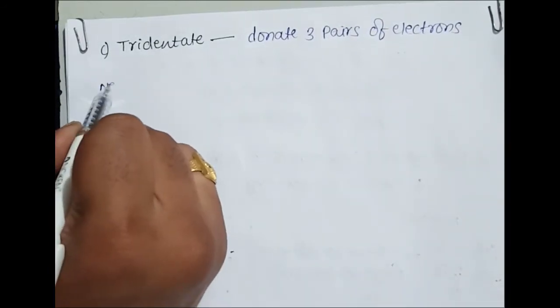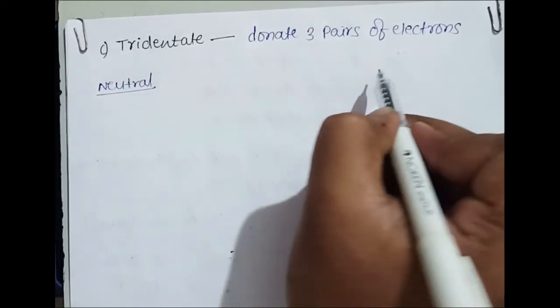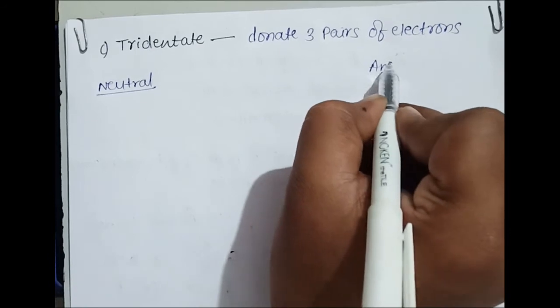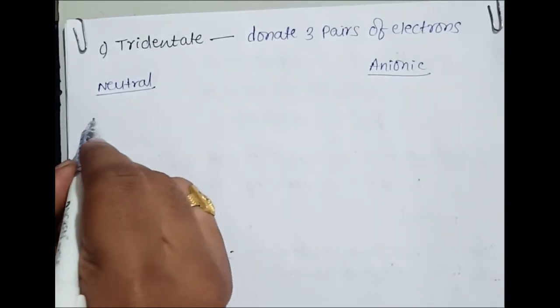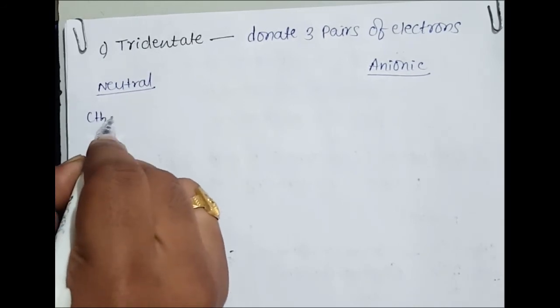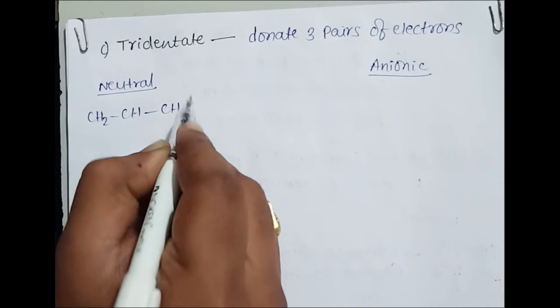As usual, we have two types: one is a neutral tridentate ligand, another is an anionic tridentate ligand. The neutral tridentate ligand is a very rare example. We have only one example, this one.